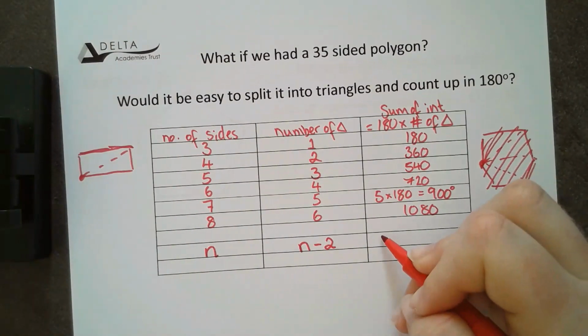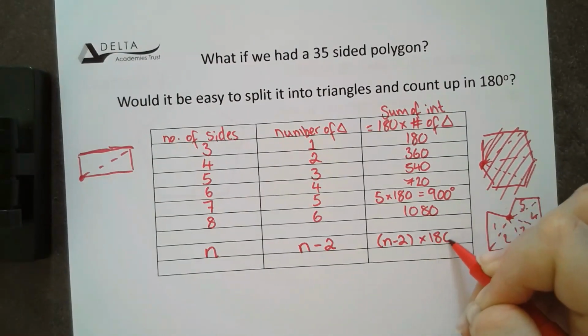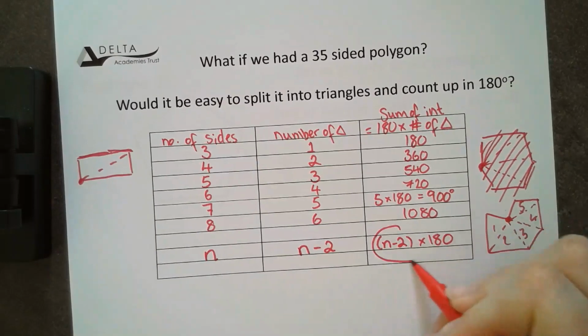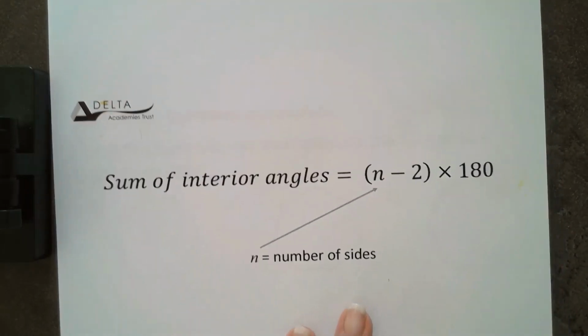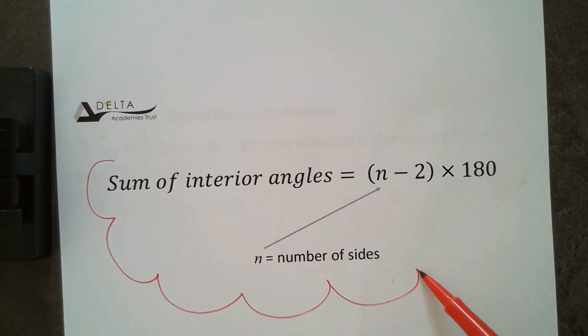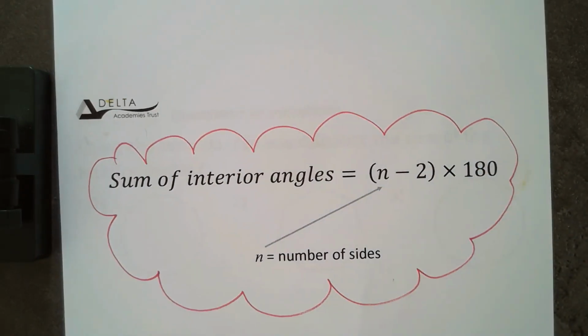And so my formula becomes n minus 2 times 180. This is the formula that we need to remember for the sum of interior angles. That's n minus 2, the number of sides minus 2, multiplied by 180. So that is our key formula for today.